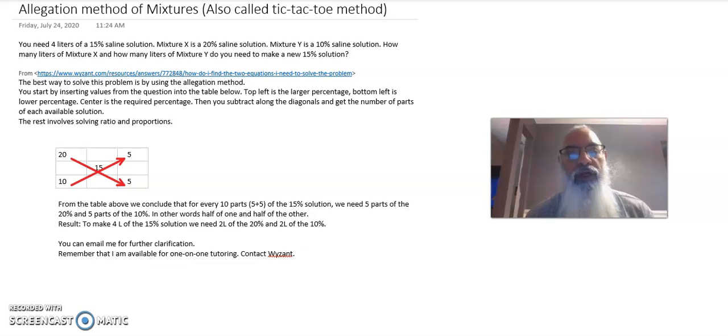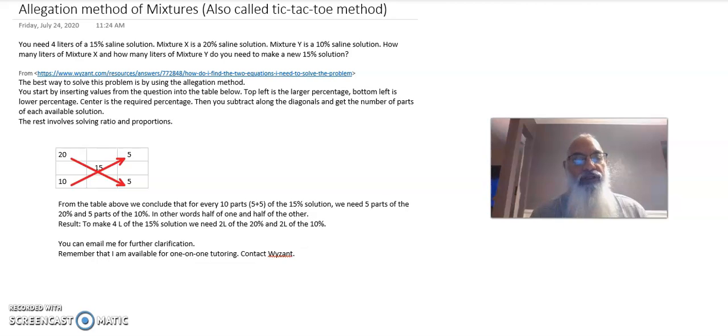Okay, so the method that we're going to use to solve this problem is called the allegation method, and colloquially it's also known as the tic-tac-toe method because you can make a tic-tac-toe grid, and it facilitates solving the problem. Anyway, back to the question: we are making 4 liters of a solution that is 15% saline.